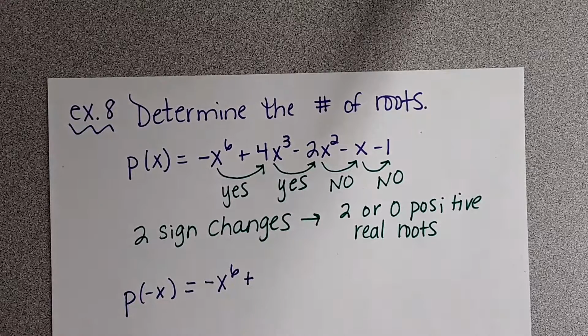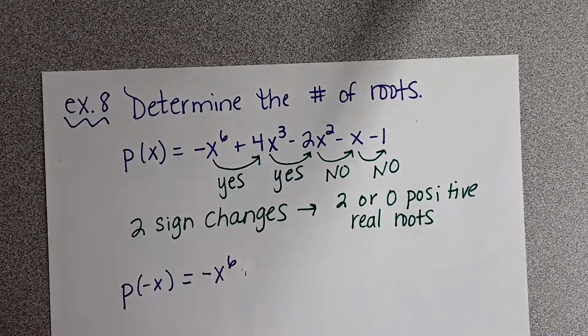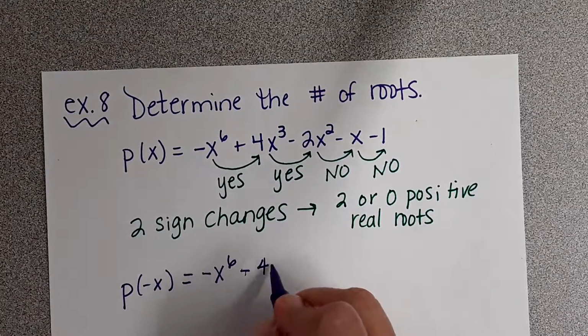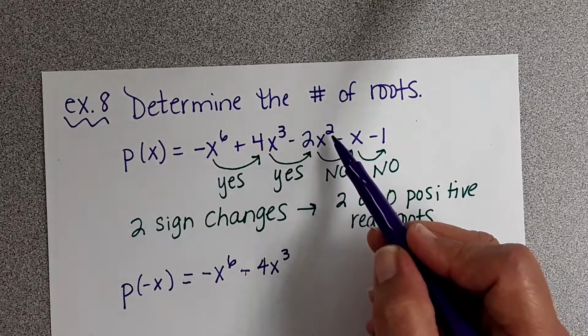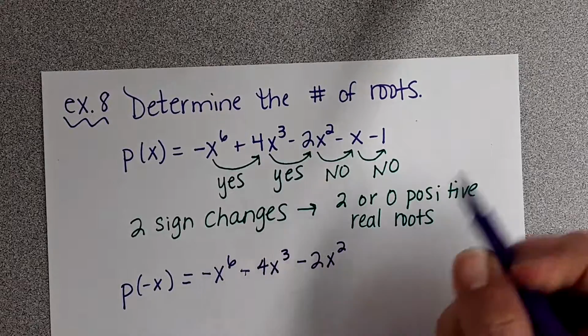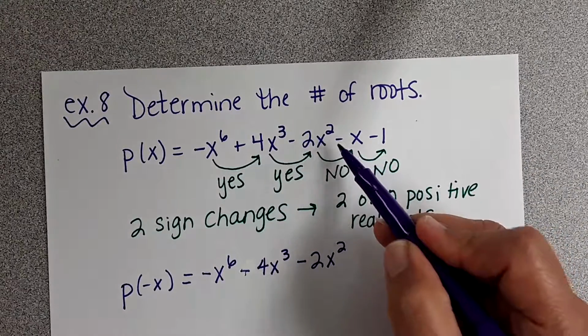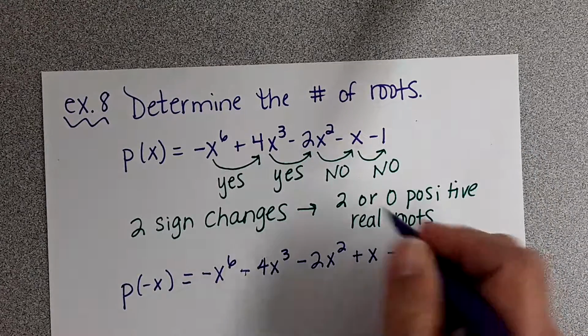As you can see, Ms. Fleury got ahead of herself and wrote a positive instead of a negative. I don't know why I did that. So this becomes -4x to the 3rd. -1 squared is 1. 1 times -2 leaves that one the same. -1 minus -1 is a positive x minus 1.